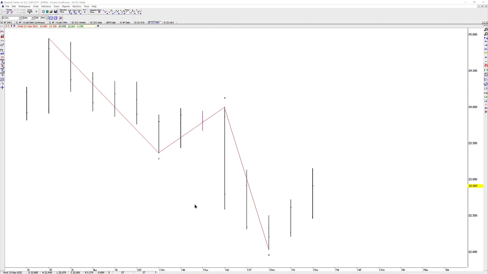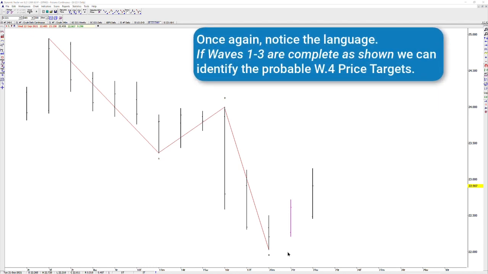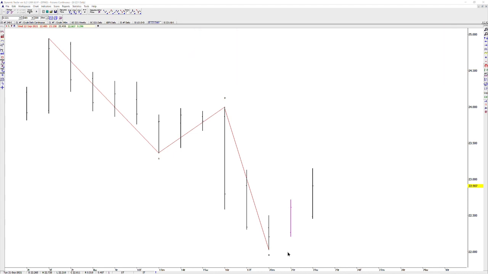So I've got some data marked off here from this high. This is silver data for a possible 1, 2, and 3. So if these waves 1 through 3 are valid, we can identify the probable retracement levels for a wave 4, the typical and the maximum, and then we can use other relationships like how the wave 4 may be subdividing, that type of thing, to refine that.